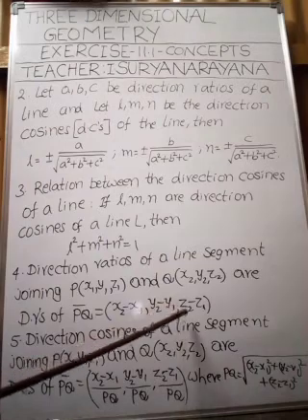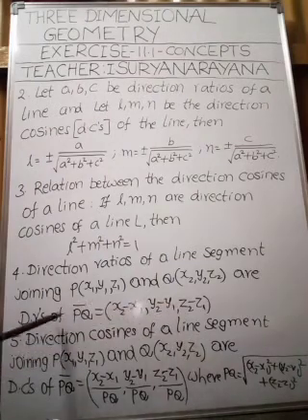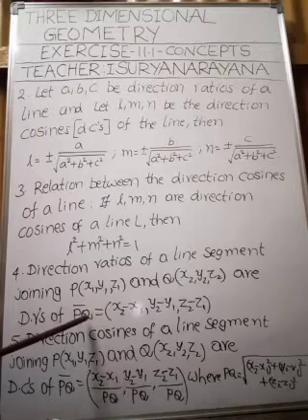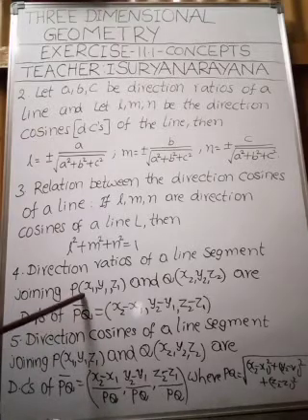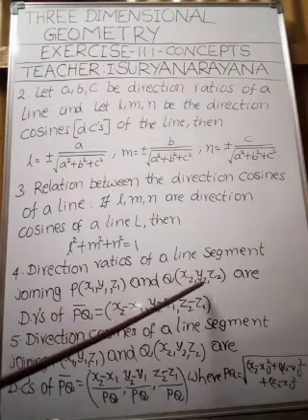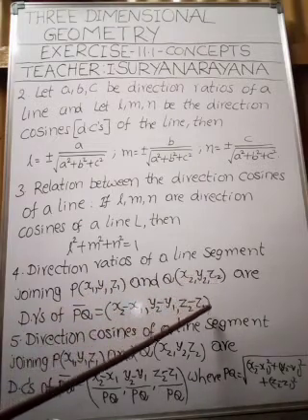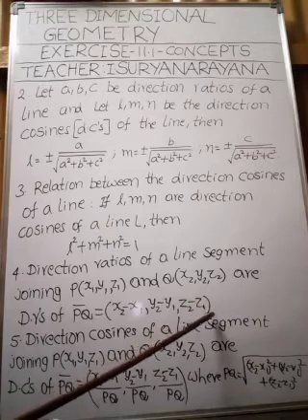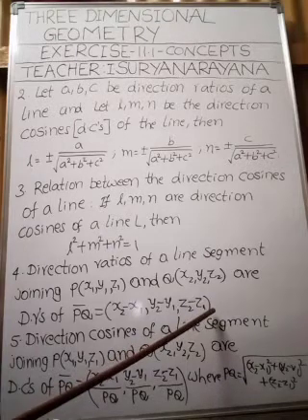These three numbers are said to be direction ratios of the line segment joining the points P and Q, where P is (x1, y1, z1) and Q is (x2, y2, z2). This point also can be used as a formula. So remember this point also as a formula.